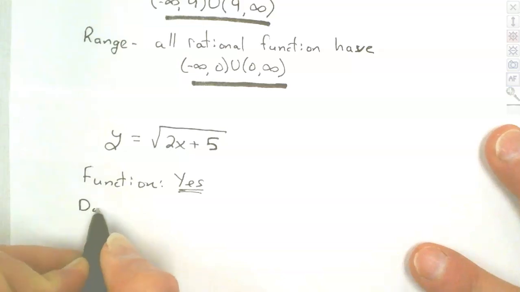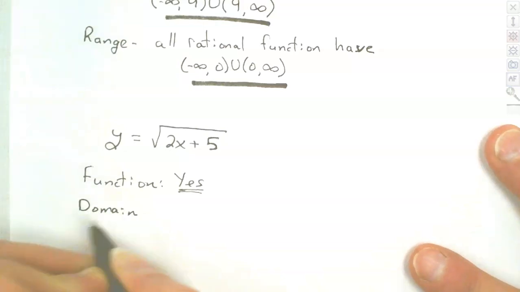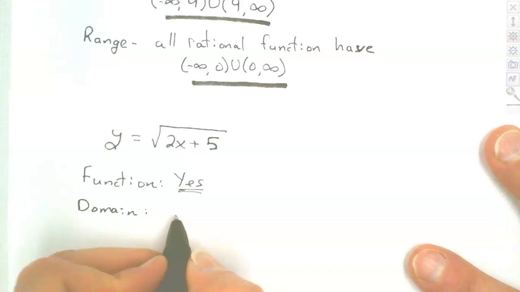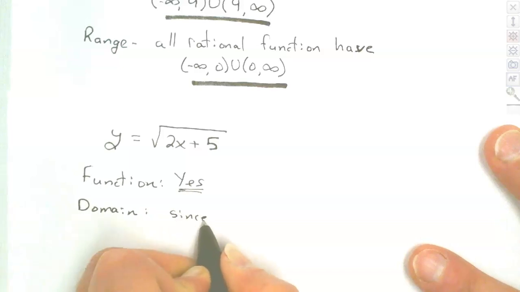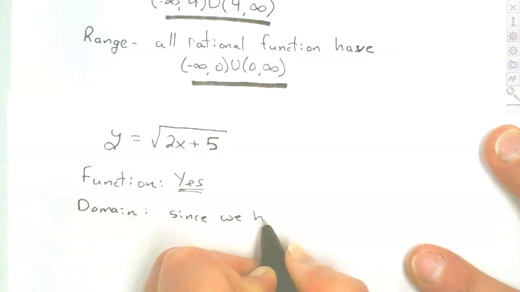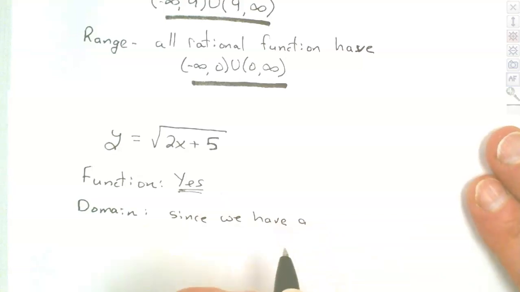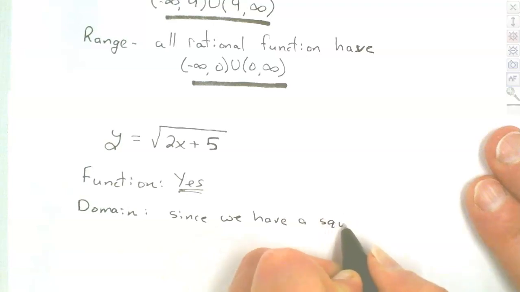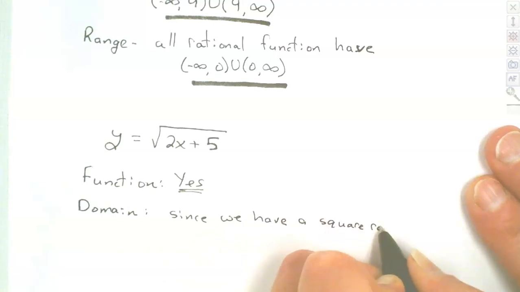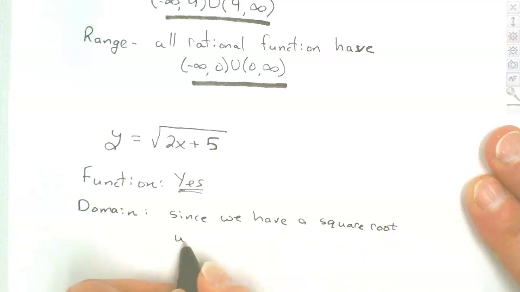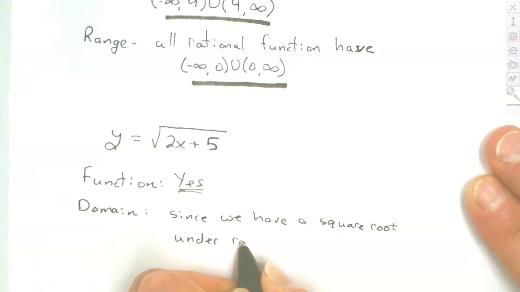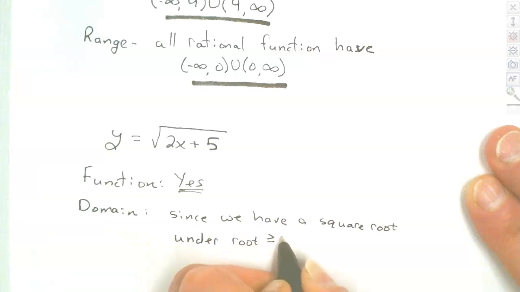Well, for the domain, since we have a square root, what we're going to have to do is set that root greater than or equal to 0. So since we have a square root, we take what is under this root and we set that greater than or equal to 0.